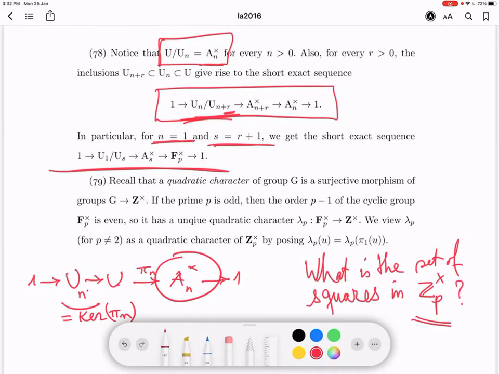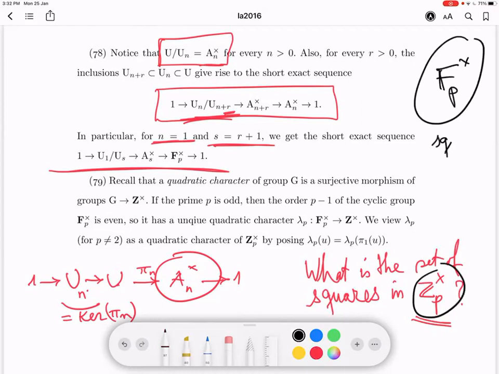So before I do it, let me just see whether you all know, for example, what is F_p. If instead of Z_p star, I had F_p star, what is the set of squares here? So 1 square, 2 square. That's right. But is it a subgroup?